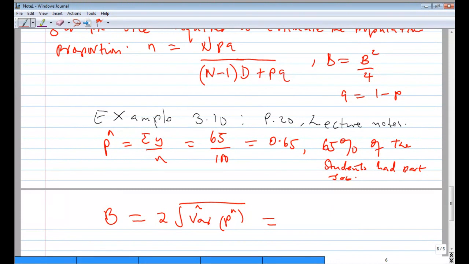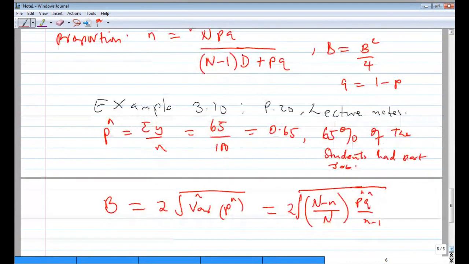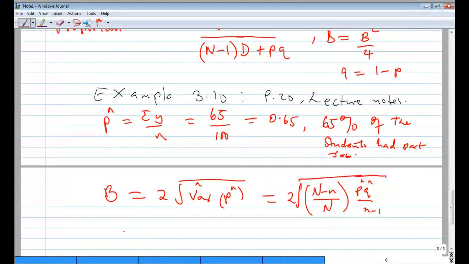So the bound on the error of estimation for the estimated population proportion is given by B, which is equal to 2 times the square root of the estimated variance of p hat, which is equivalent to 2 times the square root of (N minus n) over N times p hat q hat over (n minus 1). What is the population size? 300.